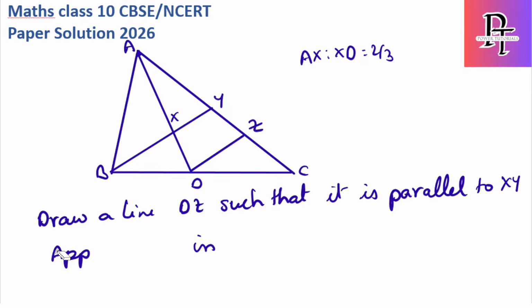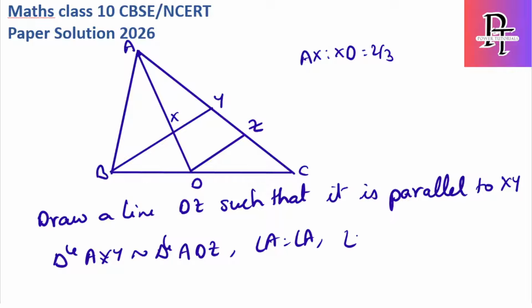Triangle AXY is similar to triangle ADZ. Why? Because angle A is equal to angle A, angle X will be equal to angle D, and the other angle is also equal, angle Y is equal to angle Z. Why? Because the lines are parallel.